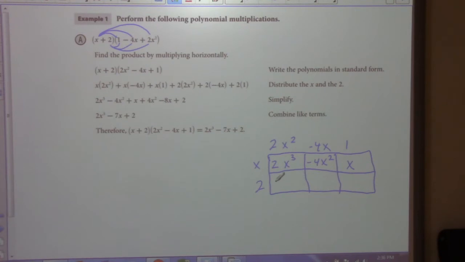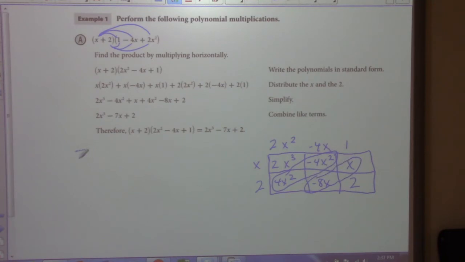And then here, one thing you can do, if you say this is a number, and I know that's 2, I can just multiply each of these by 2. So this is going to be 4x squared minus 8x and 2 times 1. And then we have the diagonal orientation here.